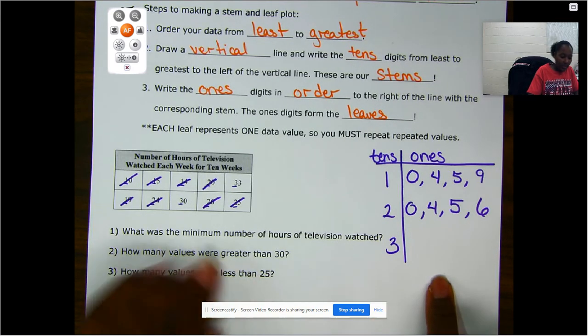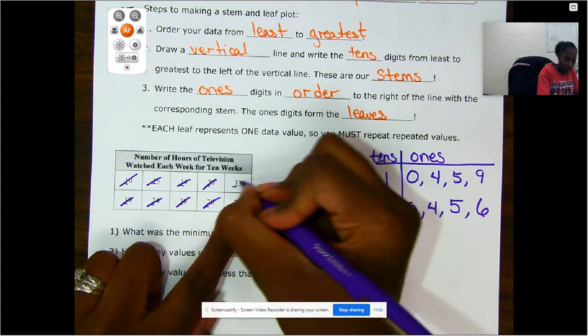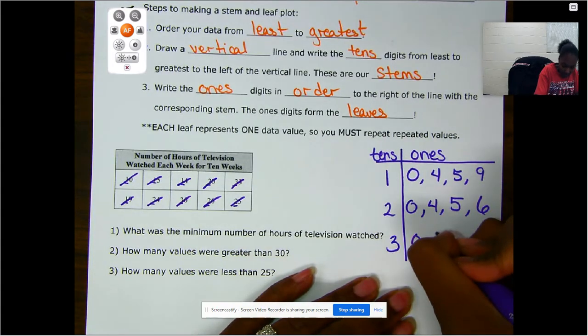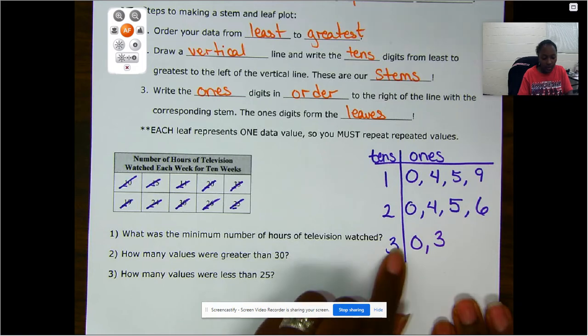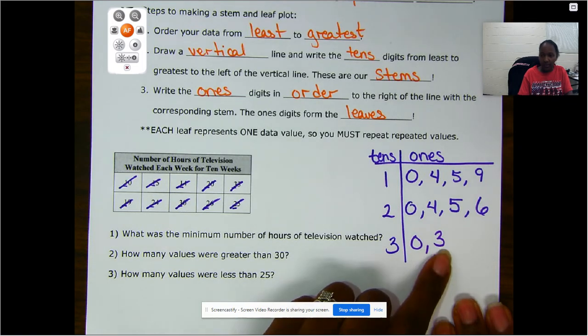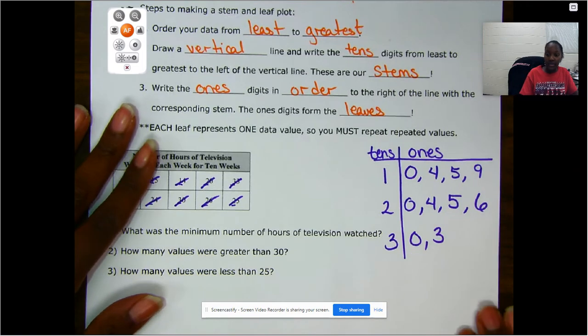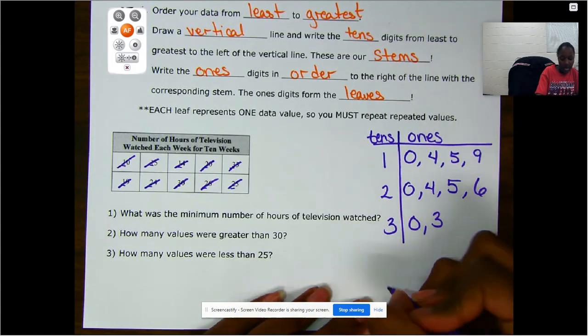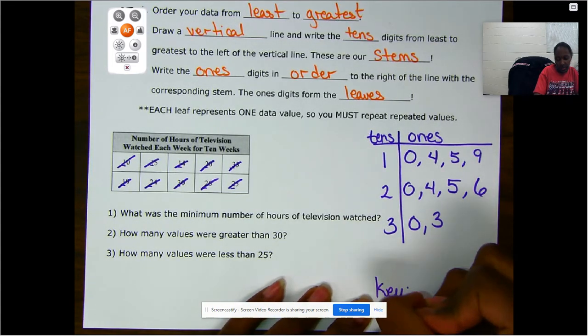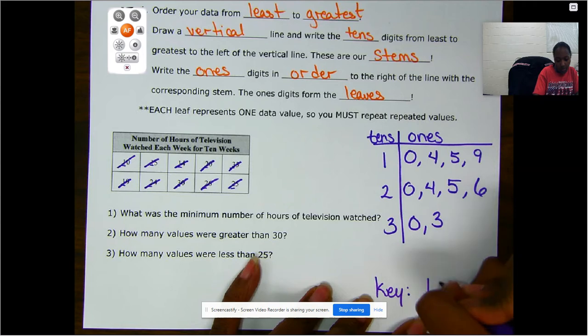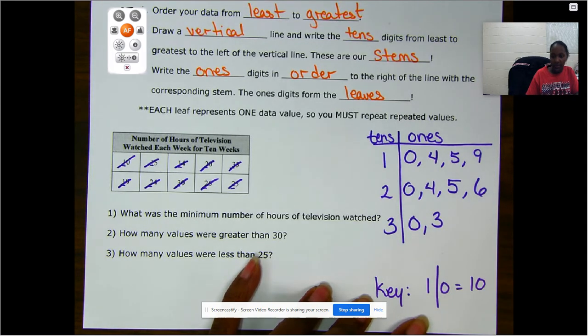And then lastly, the ones that have a 3, we have a 0 and a 3. So this reads 30. This one reads 33. Okay, that's how you read the stem and leaf. And let me put a little key down here. So if you have a 1 and a 0, that means that's a 10. Okay, that's what that means.